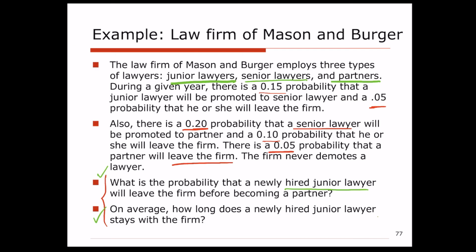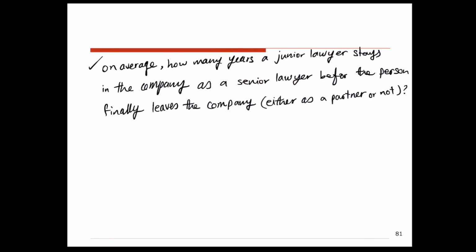But before we answer this question, let me ask you this. On average, how many years does a junior lawyer stay with the company as a senior lawyer before the person finally leaves the system, either as a partner or non-partner?